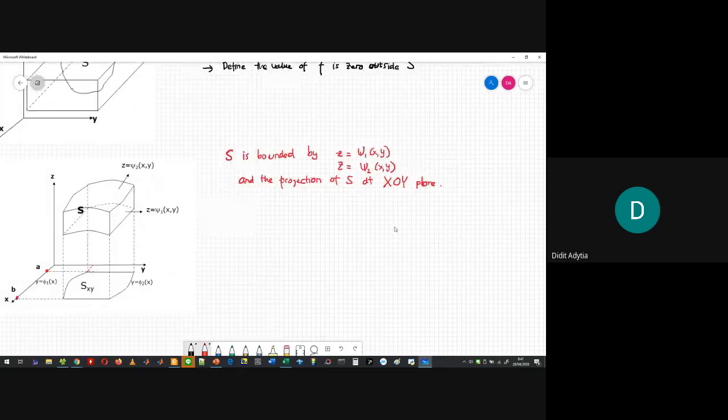This is plane. Okay, di sini ya, yang ini.